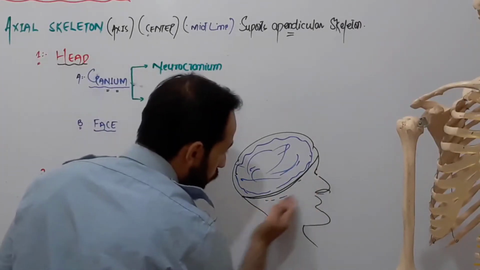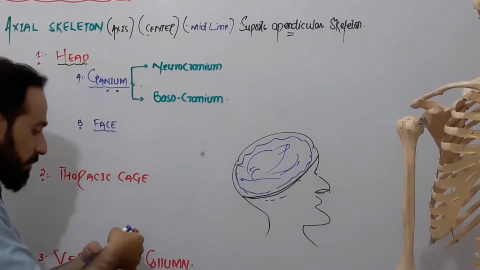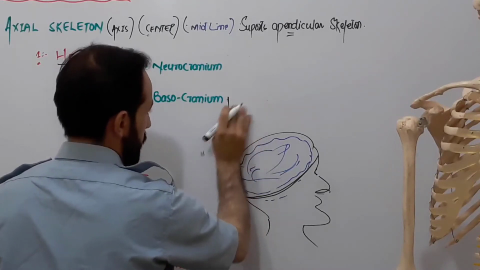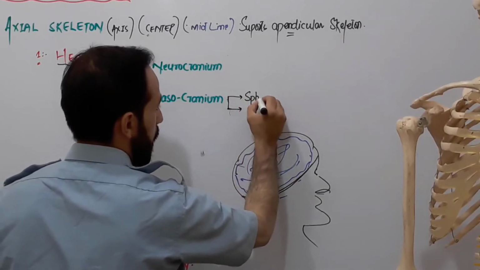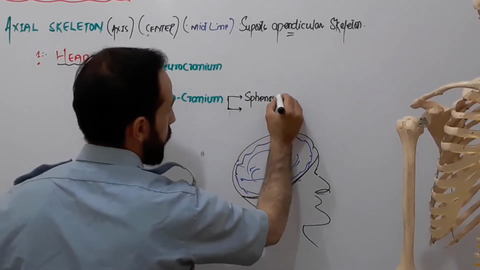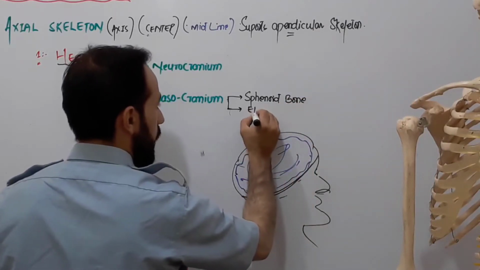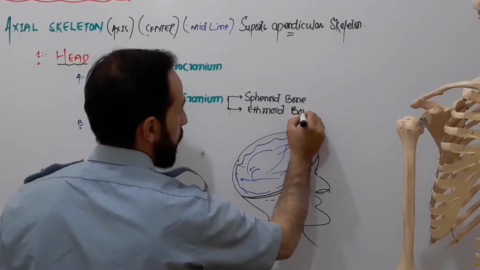In your Bezocranium you have two bones, and what are those? Those bones are your sphenoid bone, and then there is your ethmoid bone.